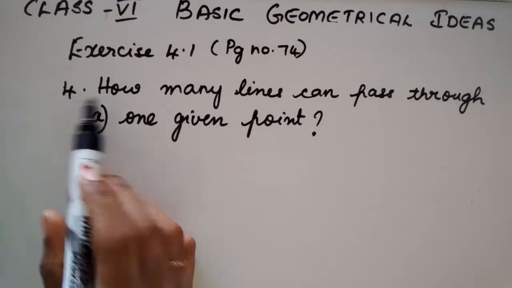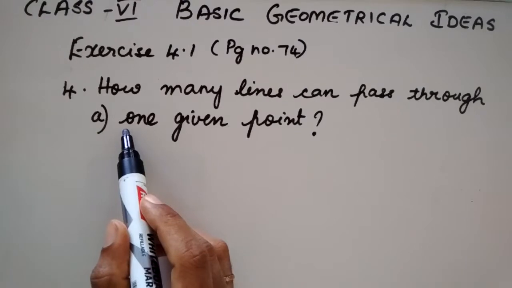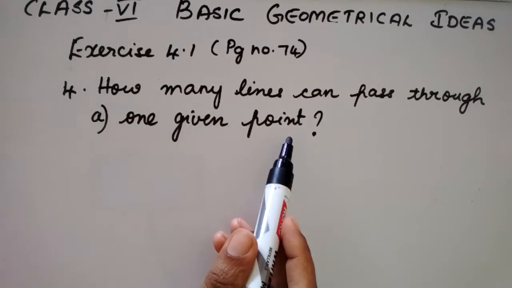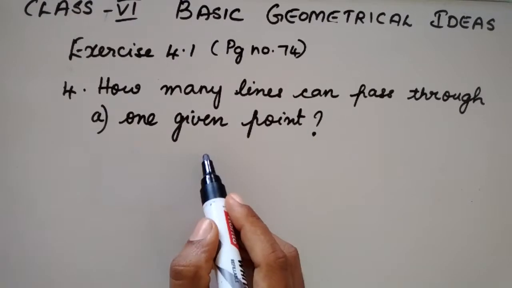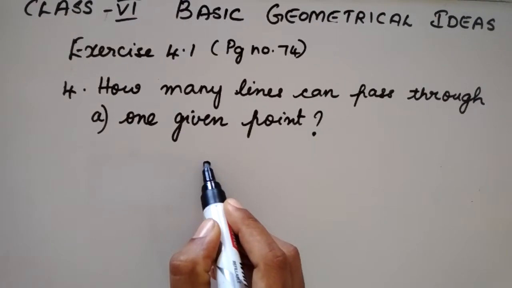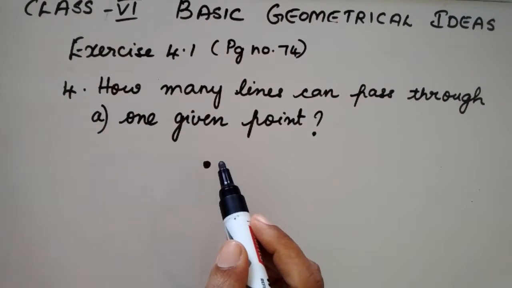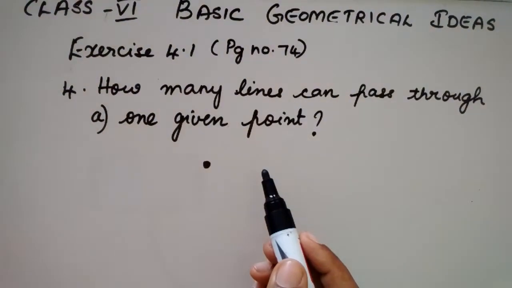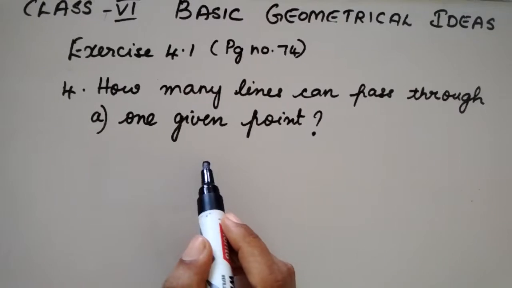Question number 4. How many lines can pass through one given point? This is a point. So how many lines can I pass through this point? We can draw any number of lines through this point.